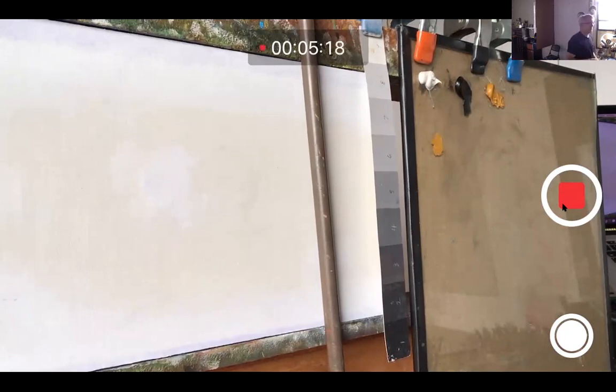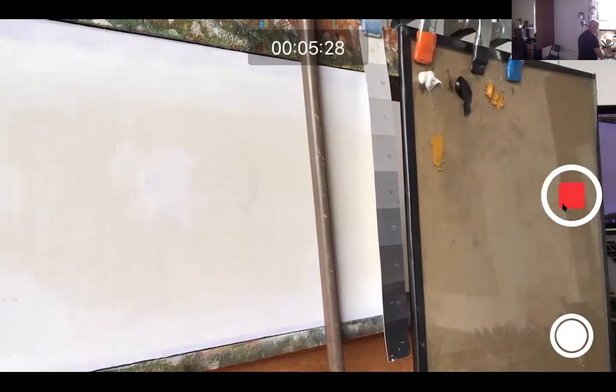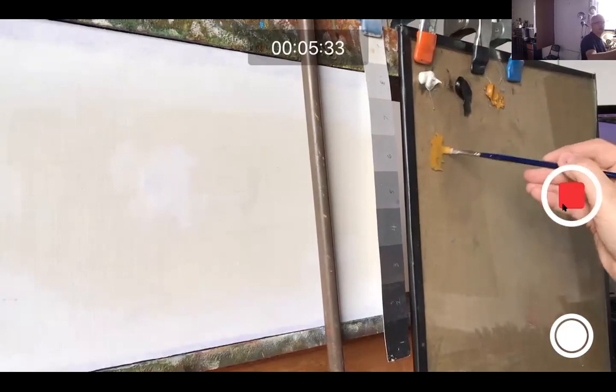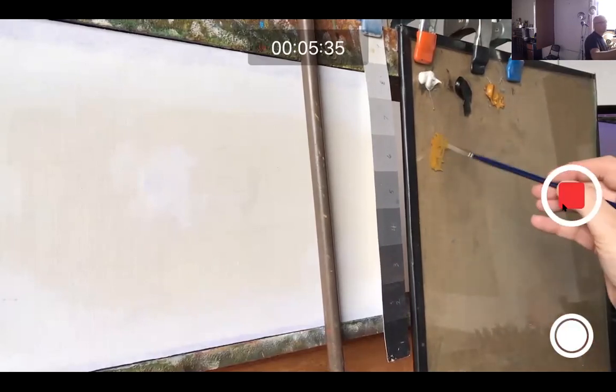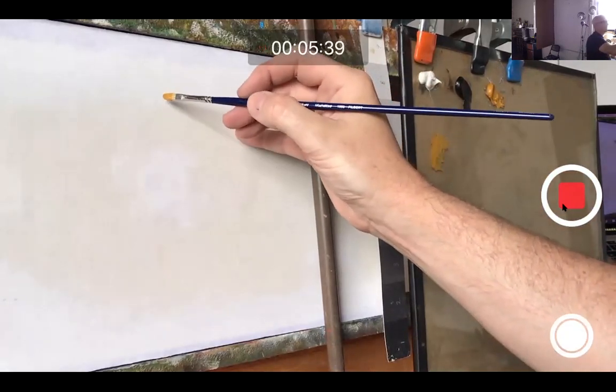I need to start my painting today by drawing it. So I'm going to take some of my yellow ochre, which is a relatively light color. And in order to thin the paint a little bit, I'm dipping my brush in mineral spirits. And so I'm going to start the drawing of this object.